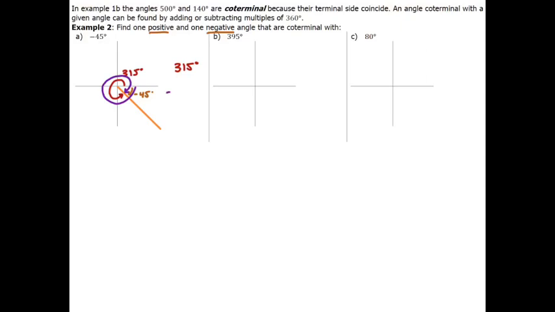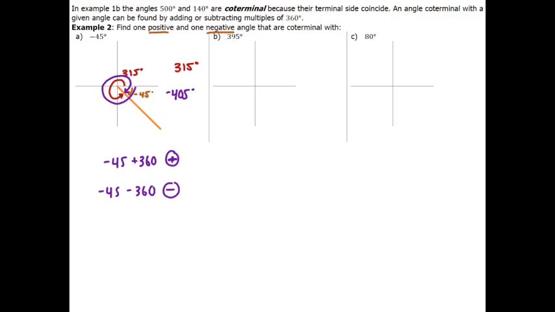That purple angle is negative 405 degrees. So that is another angle that is coterminal with negative 45. Okay, so how did I do that? Well, we took negative 45 and we added 360 for the positive angle, and we took negative 45 and we subtracted 360 for the negative angle. That's a good way to just kind of in general get positive and negative angles that are coterminal.